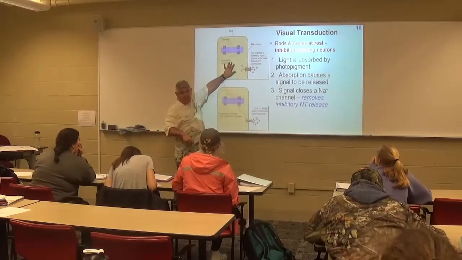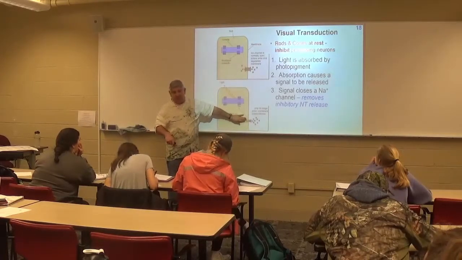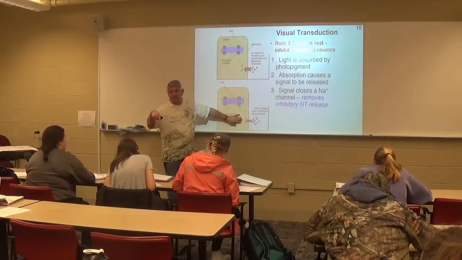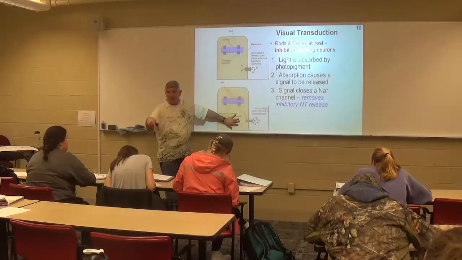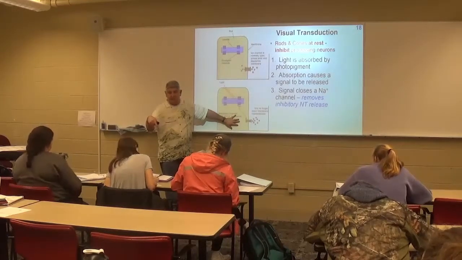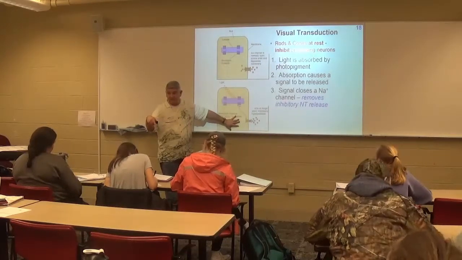It was positive here, we close it, and we're not letting sodium in anymore, so what's going to happen? It's going to drop, and it's going to stop releasing its inhibitory neurotransmitter. And if we stop inhibiting signals to the brain, and a signal goes to the brain, what do we do? We see something. Light was detected.